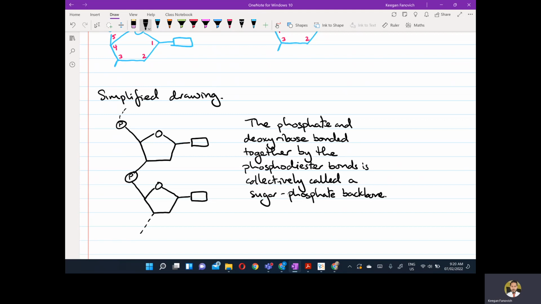Okay, just so when you see the lingo, you'll know what we're talking about. It's called a sugar phosphate backbone. So this is called the sugar phosphate backbone.